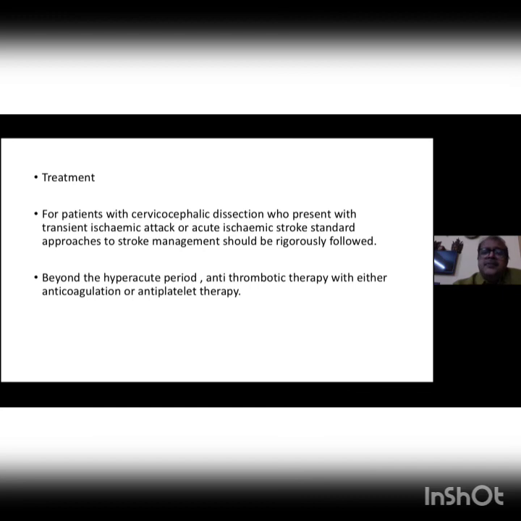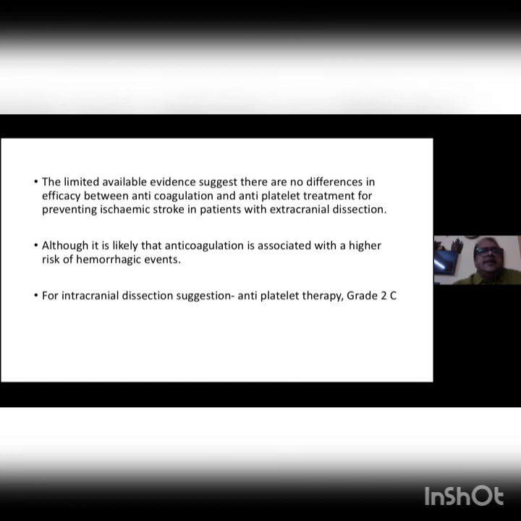Beyond the hyperacute period, give antithrombotic therapy with either anticoagulation or antiplatelet therapy. People are divided on this, and both have been found to be equally effective. The limited available evidence suggests that there are no differences in efficacy between anticoagulation and antiplatelet treatment for preventing ischemic stroke in patients with extracranial dissection. A very important point, although it is likely that anticoagulation is associated with a higher risk of hemorrhagic events.